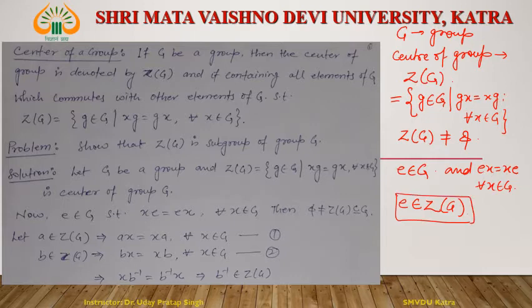Then, if Z(G) is non-empty, whether Z(G) is a group? If Z(G) is a group, then Z(G) is a subgroup of the group G. But first we have to prove that Z(G) is a group.